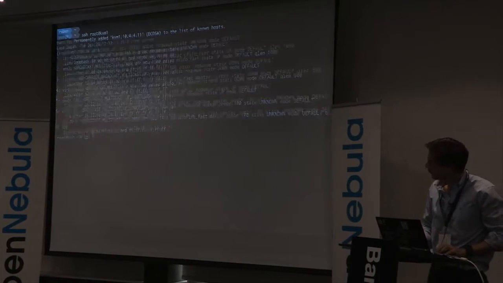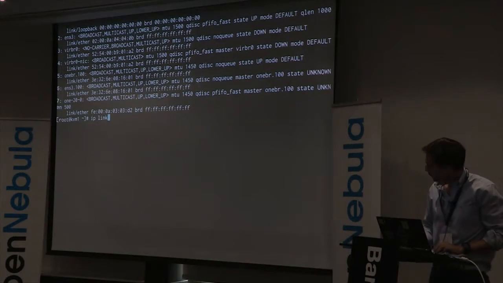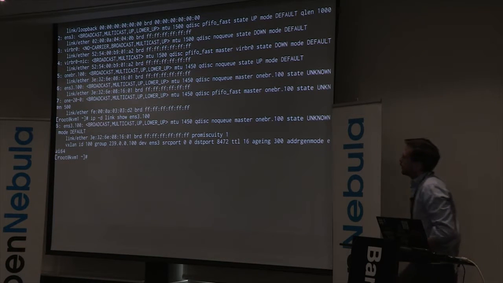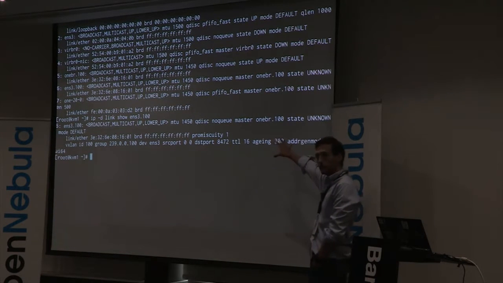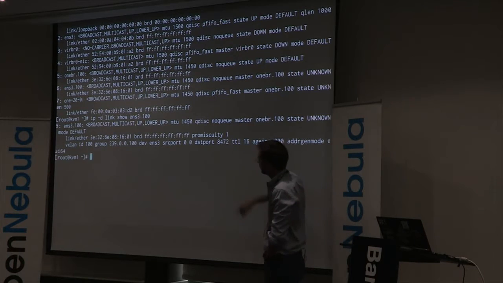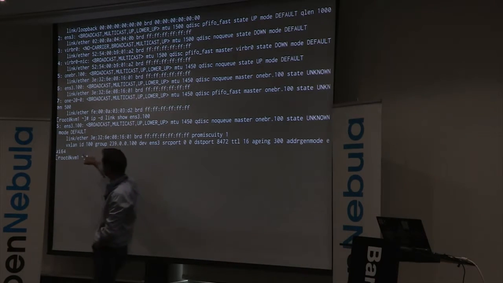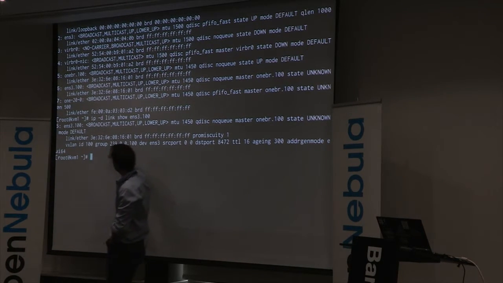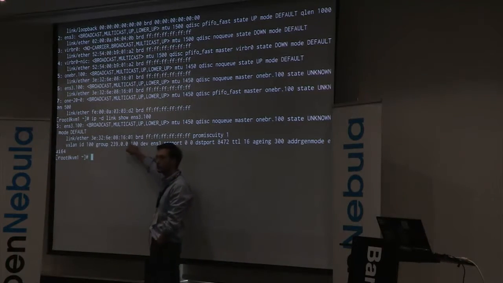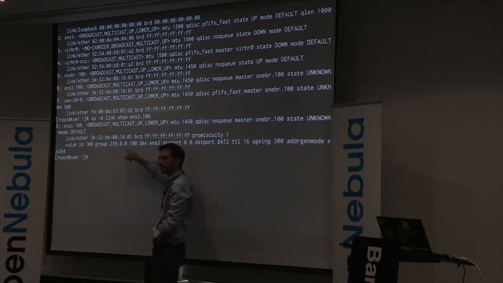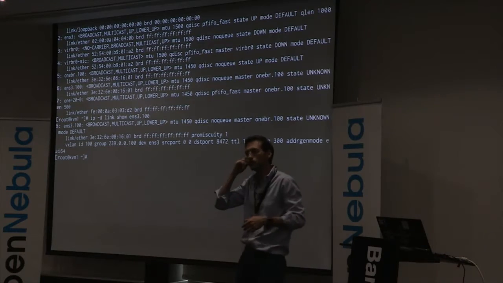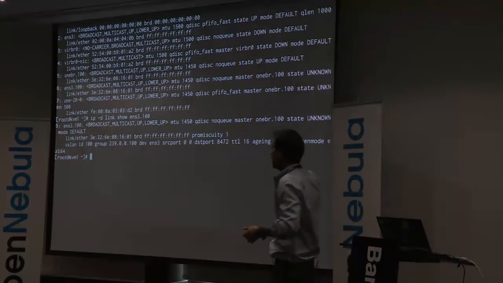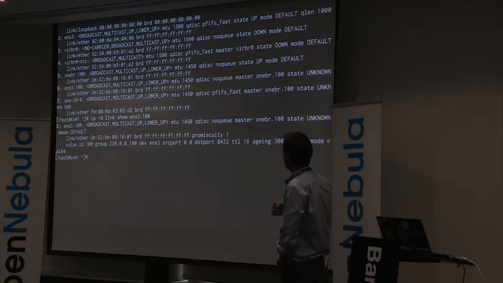If you take a look to, for example, the tag interface which the virtual machine is using, this is a VXLAN interface with VLAN ID 100. Here you have the multicast group for the VXLAN interface, which is going to be used for broadcasting traffic for ARP and the like.